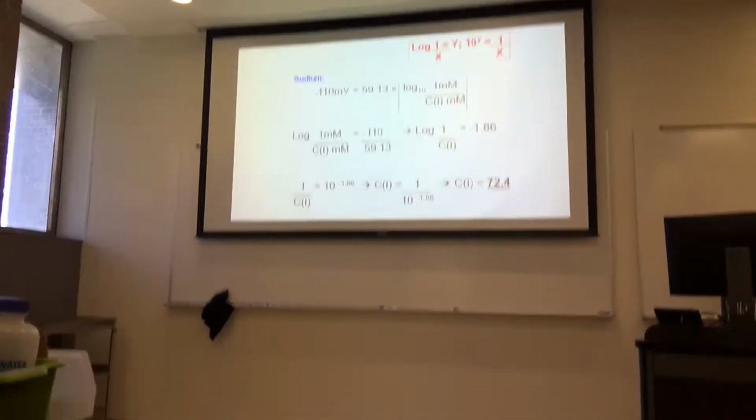So if we have the outside at 1 and minus 110, what would be an equilibrium? You calculate the inside instead of 8. What does the solute concentration need to be on the inside for this to be an equilibrium? If it's not 8, then what is it? That's basically what we're asking. And we got 72.